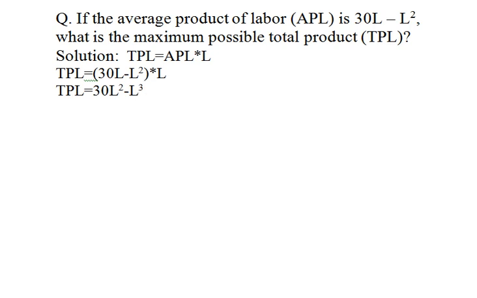So the maximum possible total product is when the marginal product of labor equals 0. So we can say that total product of labor will be maximized when marginal product of labor equals 0.